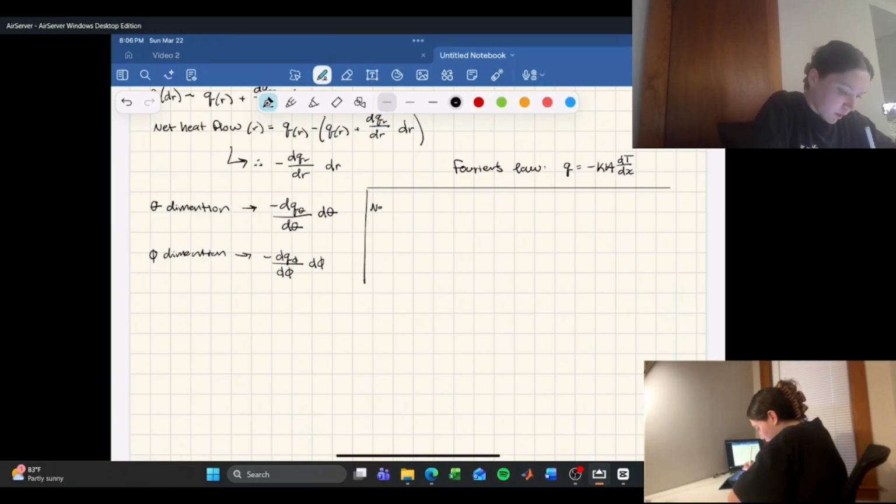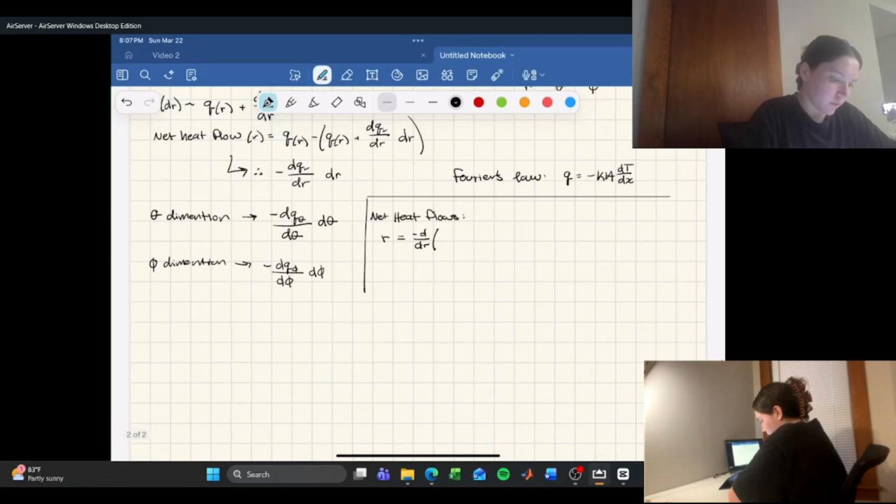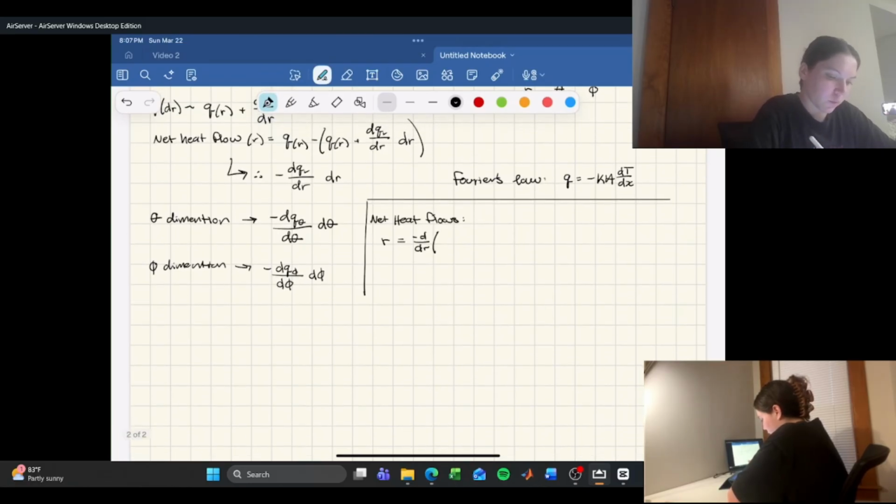So net heat flow, we first will factor out this negative d over dr. That way we have the heat flux by itself, and then when we plug in Fourier's law, this is going to be the negative thermal conductivity times the cross-sectional area, which is r squared sine theta times d theta d phi.